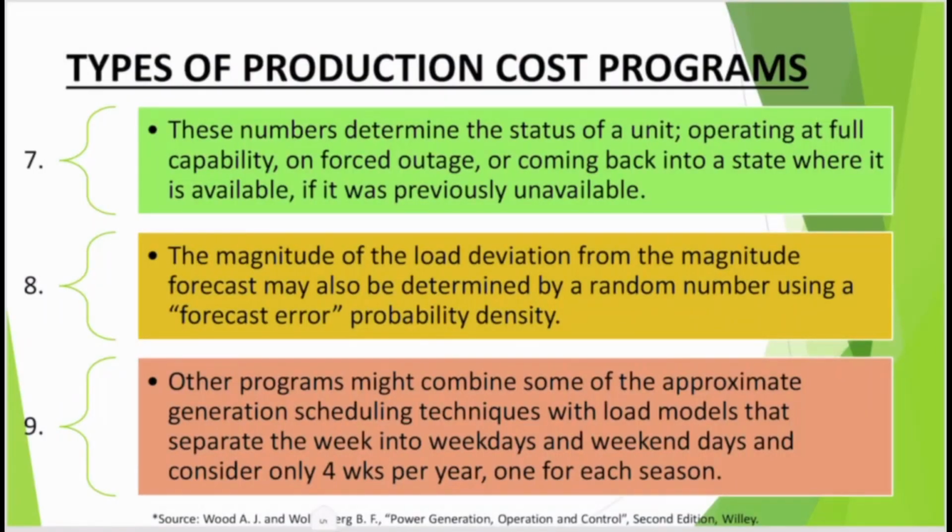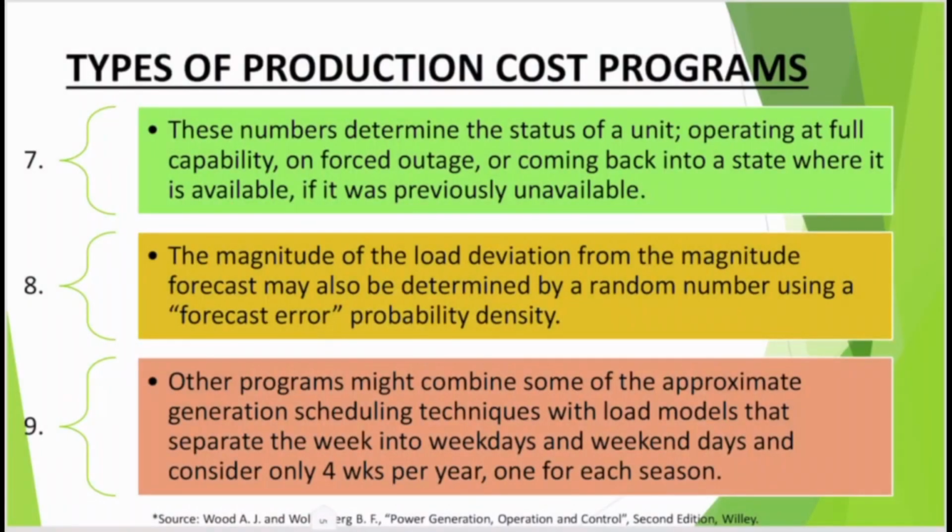The magnitude of the load deviation from the magnitude forecasted, because you forecast a particular load, but in reality, when you carry out your simulation, the load may be slightly different. So the load deviation may also be determined by a random number using a forecast error probability density function. Okay, so you can know the percentage of error that you can foresee for a given forecasting scenario.